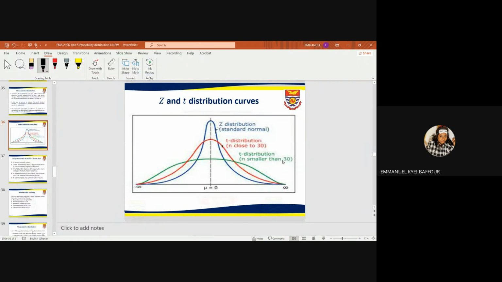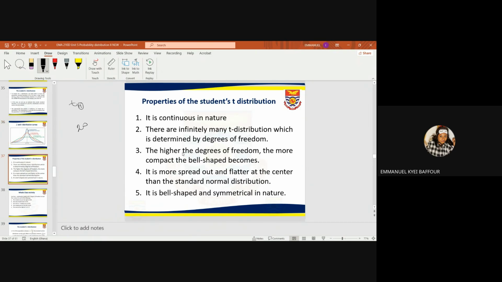But if your sample size gets smaller, then you realize that it tends to flatten. So that is what this point is trying to mean, that the higher the degrees of freedom, the more bell shape that you have. Because if your sample size is closer to 30, then your degrees of freedom will be higher. And it is more spread out and flatter at the center than the standard normal distribution.